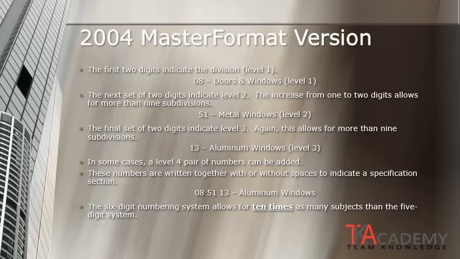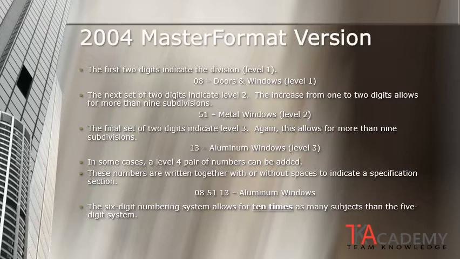The next set of 2 digits indicate the second level. This is an increase. In the 1995 MasterFormat, it was a single digit. Now it has been expanded to 2 digits to indicate more than 9 subdivisions. In this example, 51 indicates metal windows.